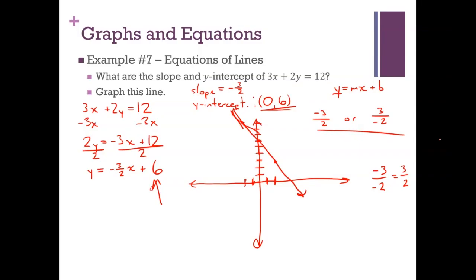So if you have a negative slope, then you want to move negatively in one direction, but not the other. If I were to connect that point with my y-intercept, that would have a positive slope.